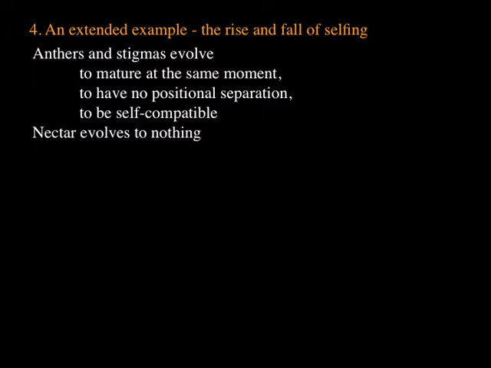And in lineages or species or populations that have taken up selfing, the nectar evolves to almost nothing. Nectar is costly, and if the plants are already reproducing by selfing, then of course there's selection to reduce the costs, and that means minimizing the amount of nectar that's produced.